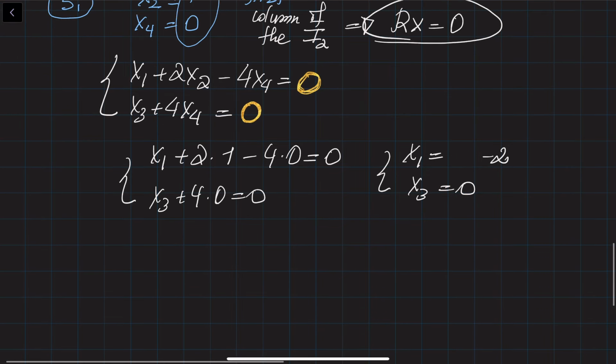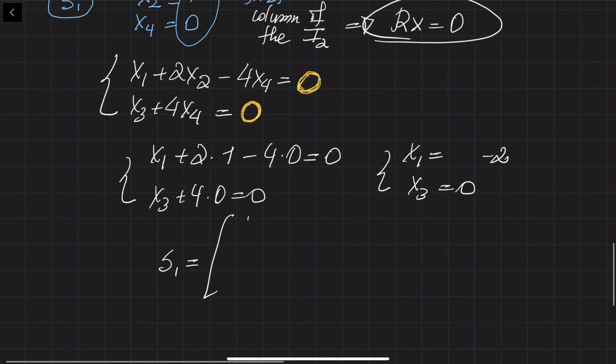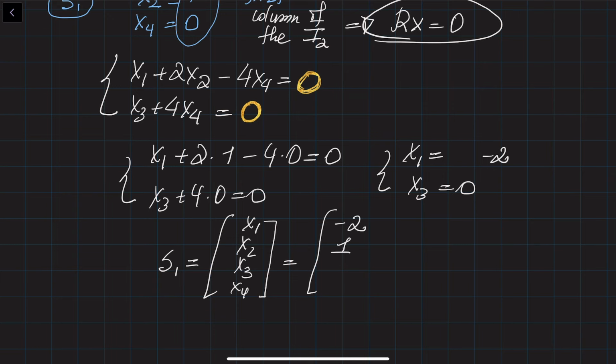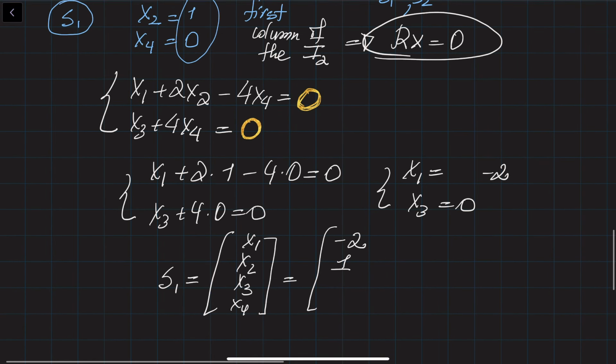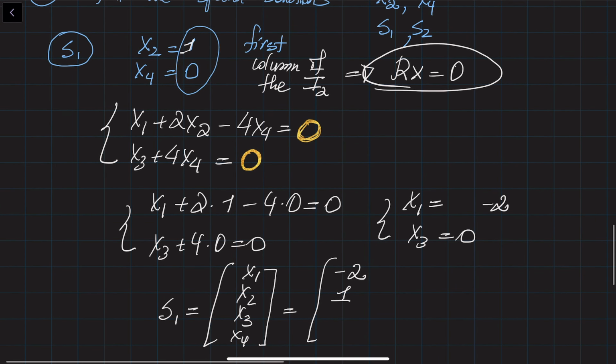So we've got the special solution, right? The special solution is going to have all of these components, x1, x2, x3, and x4 together. x1 in this case is minus 2, x2 is equal to 1. We set this to be equal to 1, right here. x3 is equal to 0, and x4 is equal to 0. Well, this is the first special solution only.